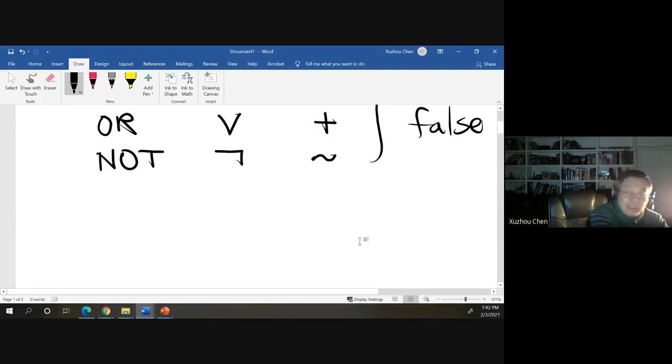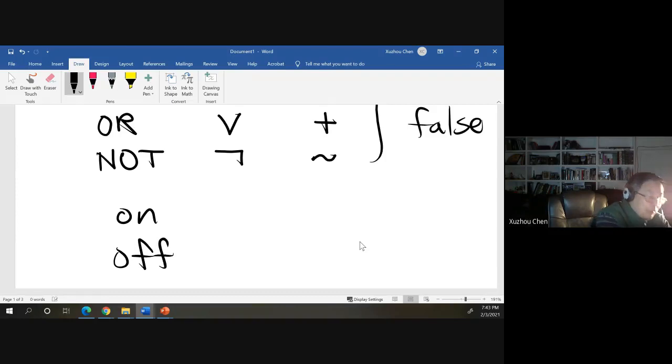We can use on and off, just like operating a switch: you can turn the switch on, turn the switch off. So I can use on to represent true and off to represent false, and I can create an electronic device to simulate this Boolean algebra.